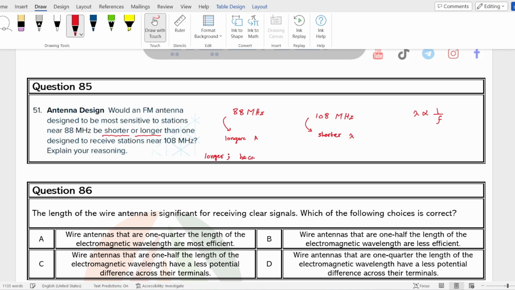Because the smaller the frequency is, the longer the wavelength is.